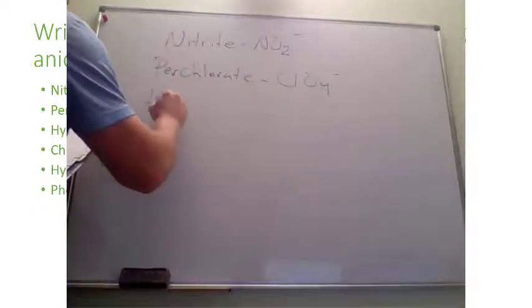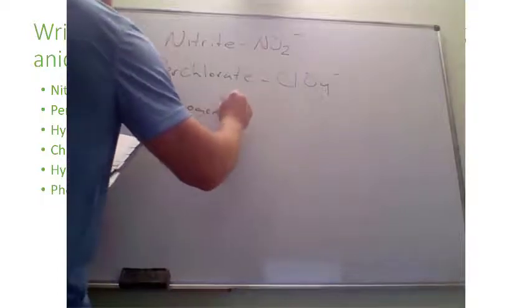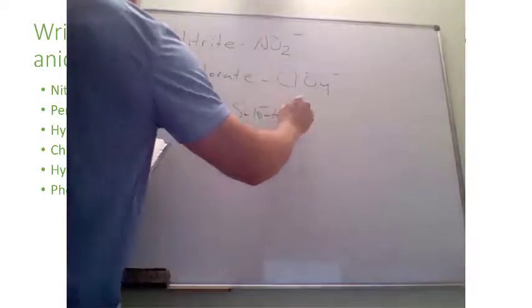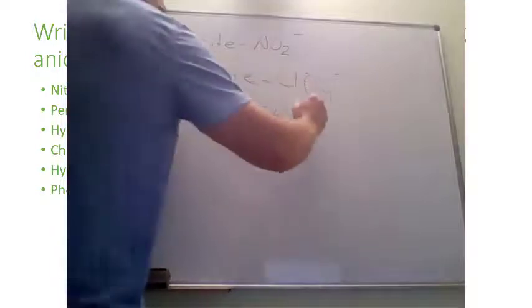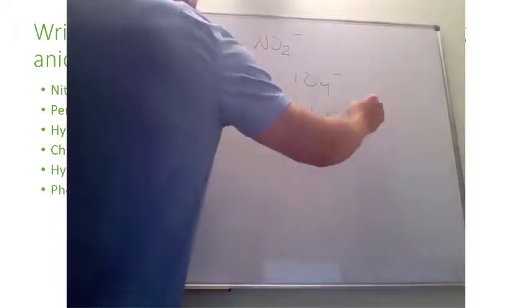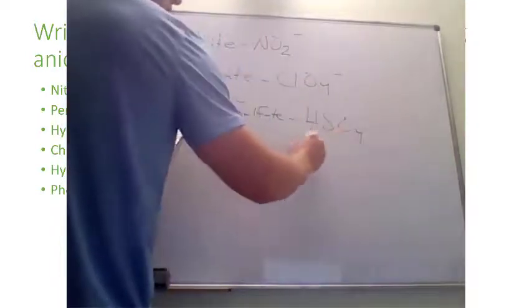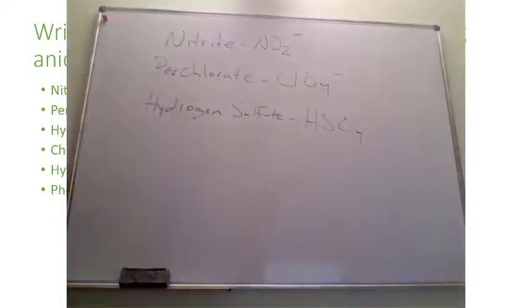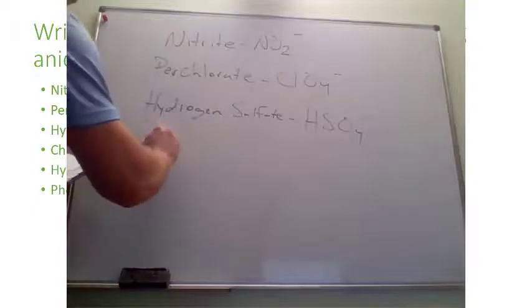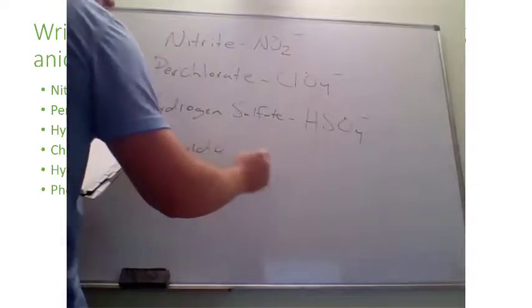Hydrogen sulfate would be our HSO4 minus. So we've added the H plus and we've decreased the overall charge from a 2 minus to a 1 minus. Chloride, this is just simply our Cl minus.